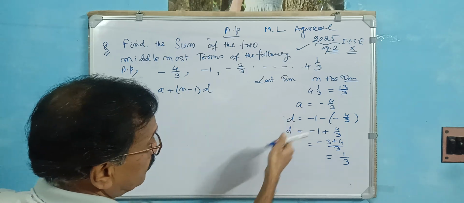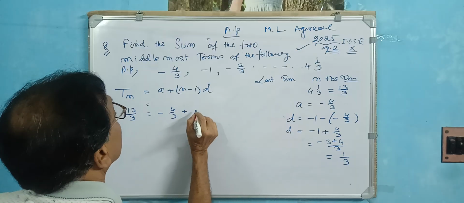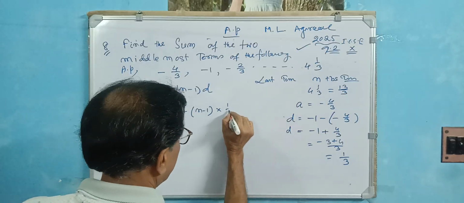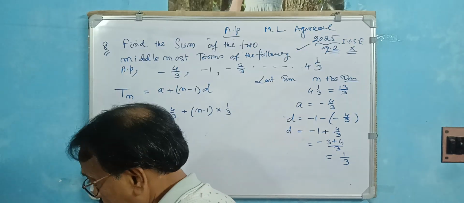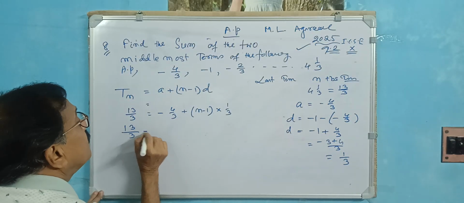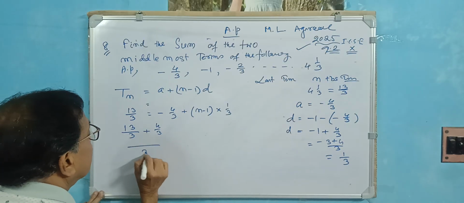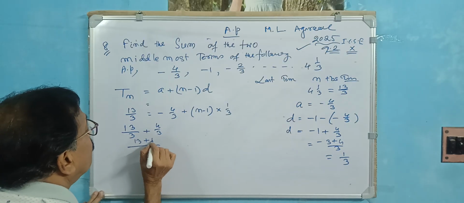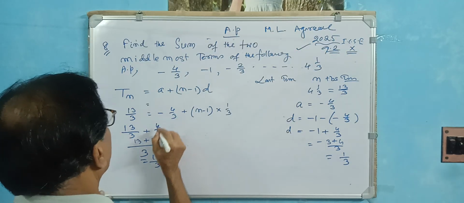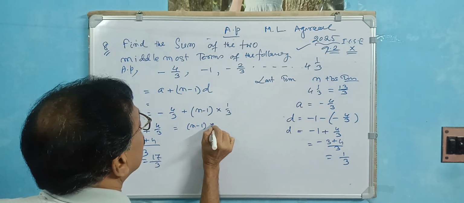A is minus 4 by 3 plus. Find the value of n. And D is 1 by 3. Okay? No problem. Clear? So here is 13. Be careful. 13 by 3 plus. This is minus. So here is plus. So this is 3. This is 13 plus 4. That is 17 by 3. And this is equal to n minus 1 into 1 by 3.